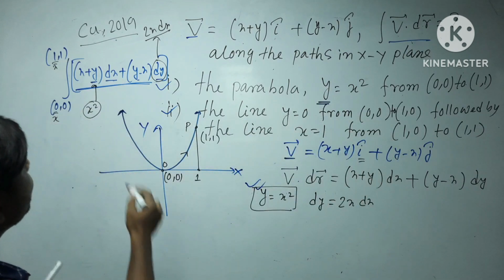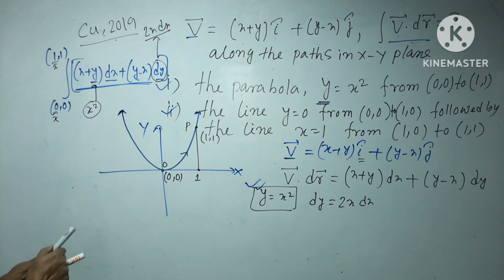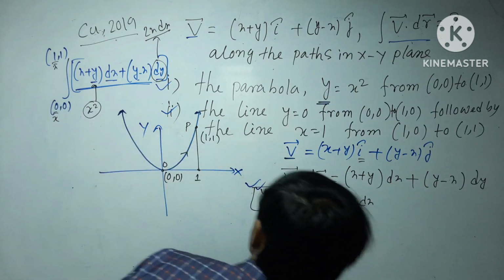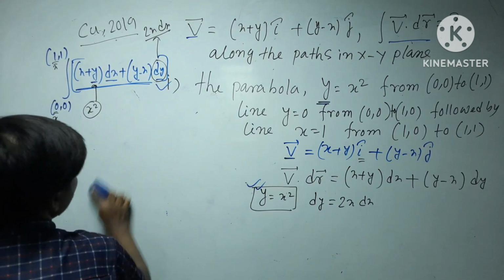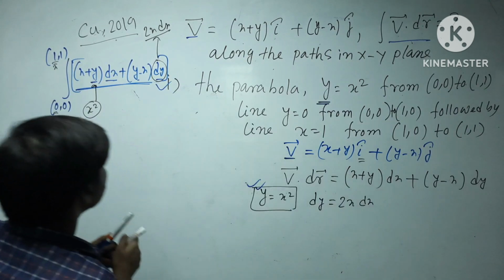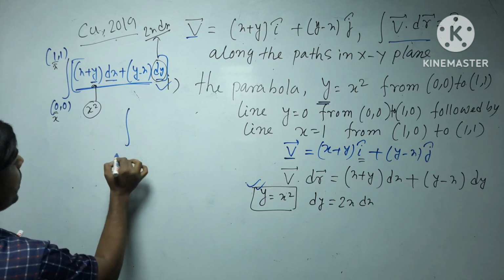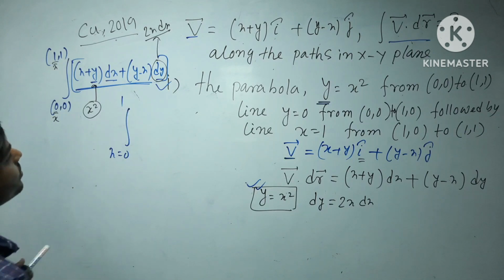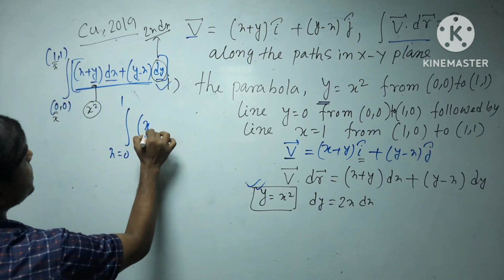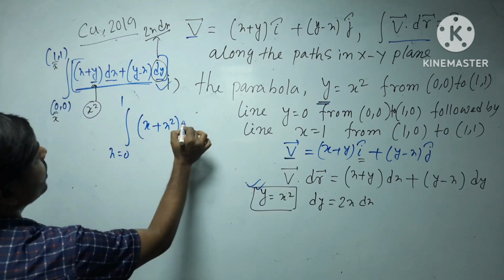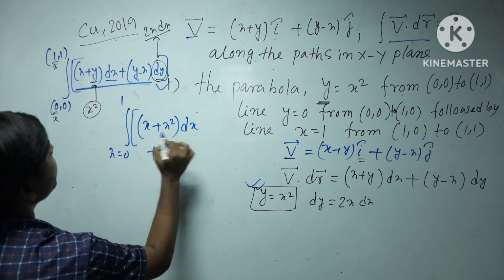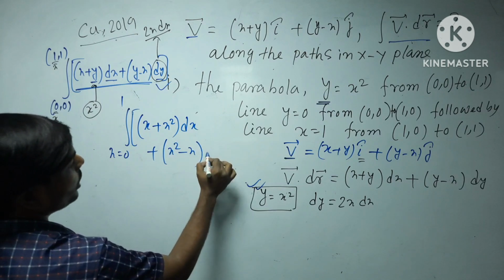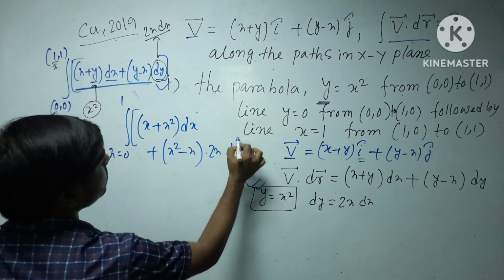So the integration becomes x from 0 to 1, x as it is, y is x square, dx, plus y is x square minus x, dy is equal to 2x dx.